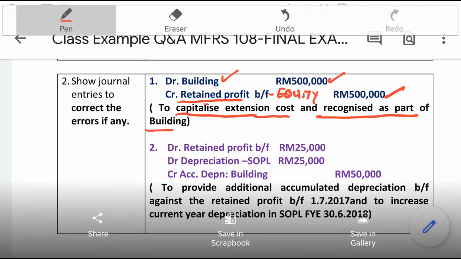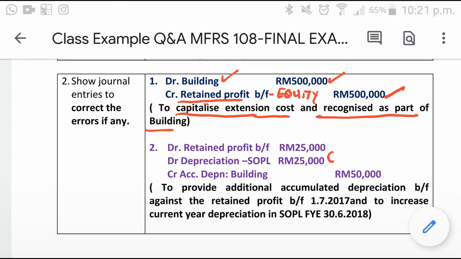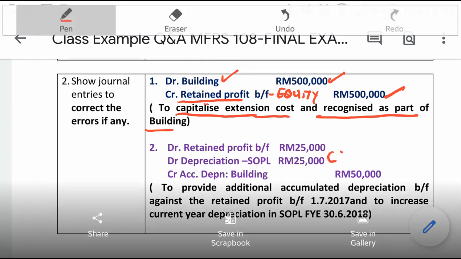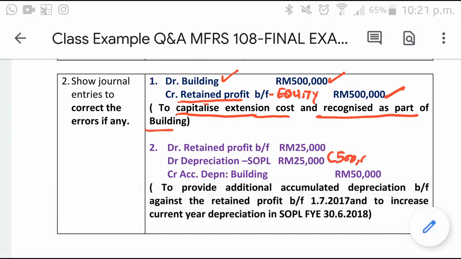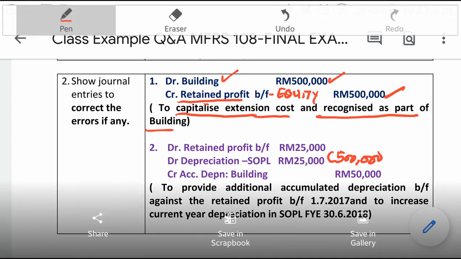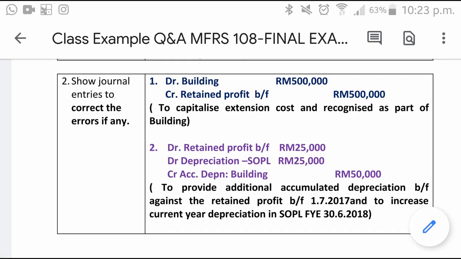The second one is about the depreciation that has been undercharged. The building cost was 500,000.